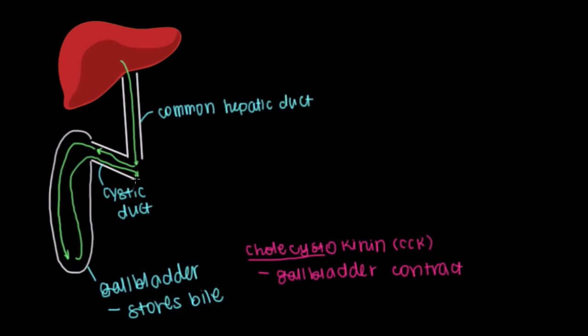The next place bile flows through is another duct altogether. This is called the common bile duct. This is the last part of the biliary tree, which conducts our bile until it finally reaches the GI tract.